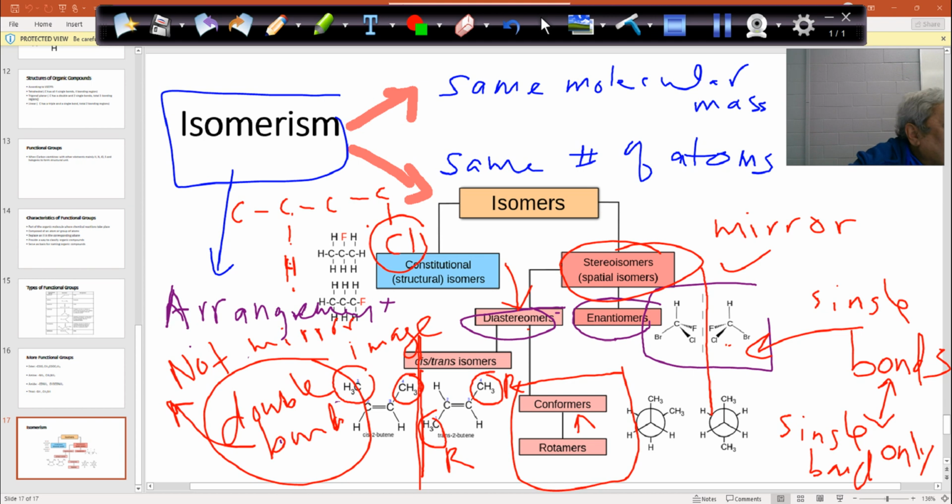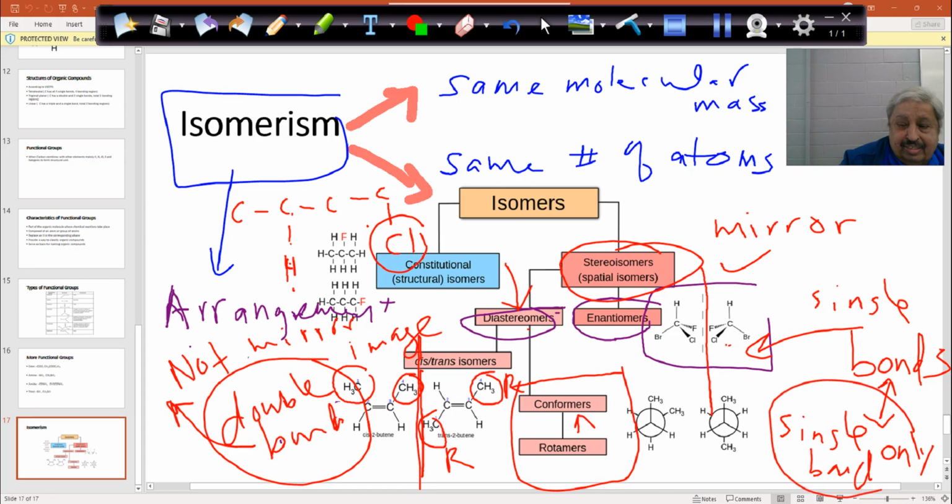If I have a single bond in a compound, in alkanes for example, of course not a double bond, then there is no restriction for the rotation of the carbon atom. The carbon single bond can rotate easily. This is not the case if I have a double or triple bond. You cannot rotate a double bond. You will break it. Triple bond, almost impossible. The distance of the carbon-carbon triple bond is very short, and you cannot rotate it. You can only rotate the carbon-carbon single bond.